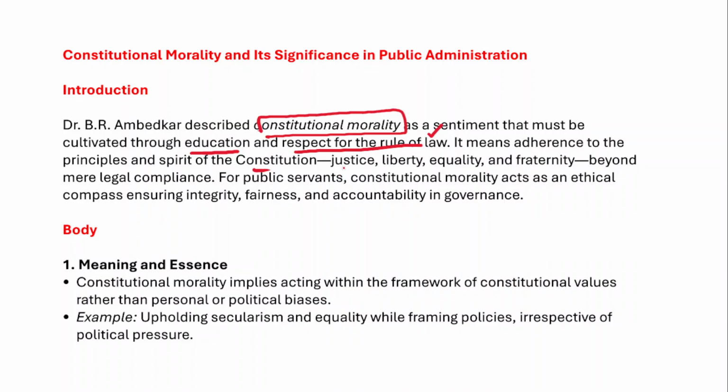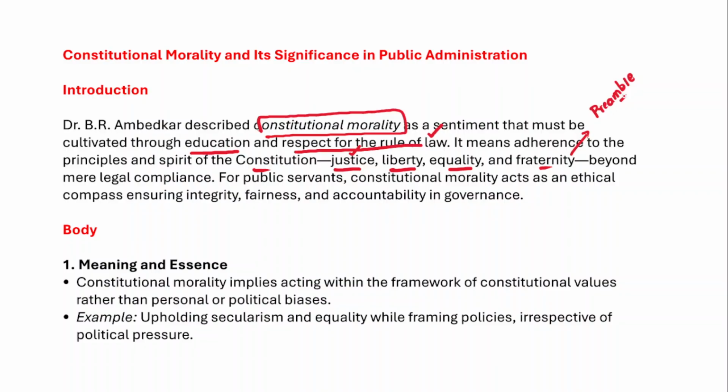And in fact, the fundamental principles which are enshrined in the Indian Constitution form the core part of the Indian Constitution, and include justice, liberty, equality, and fraternity. You can find all these values in the preamble of the Indian Constitution. The preamble talks about these fundamental values. Right? In fact, these core and fundamental values also form part of constitutional morality.